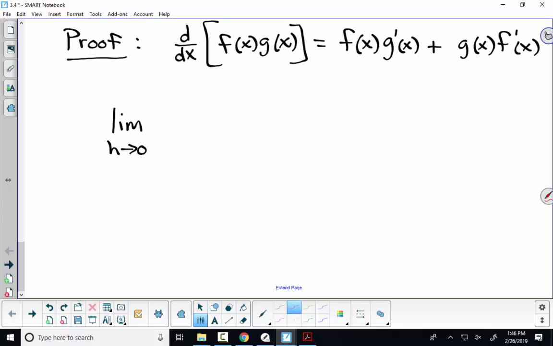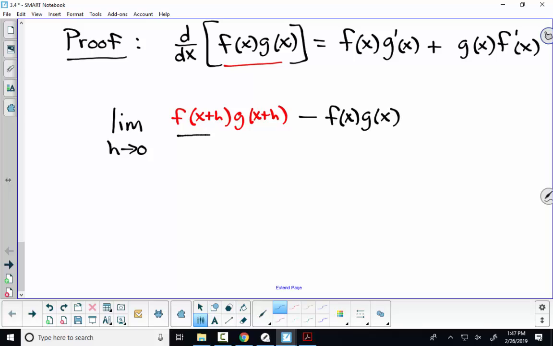So we're trying to prove the derivative of that function. So we have to say, well, it's that function evaluated at x plus h minus the function itself all over h. So that's what you have to work with.